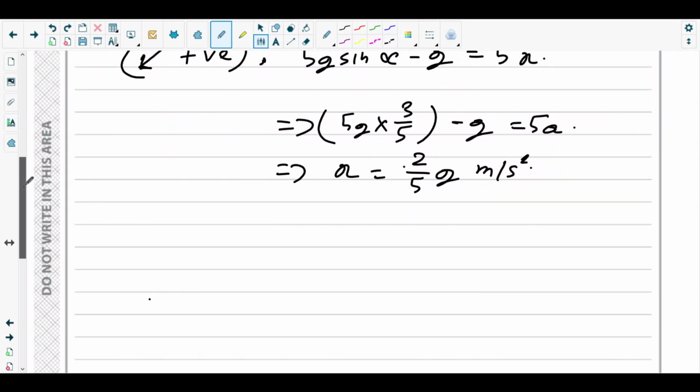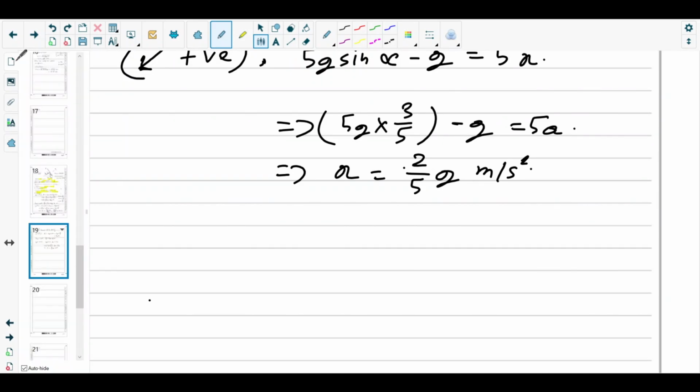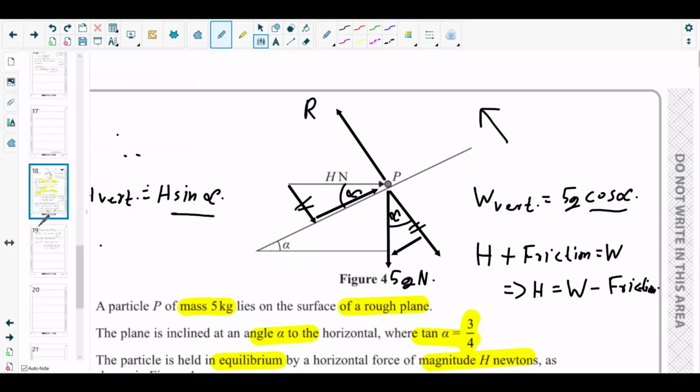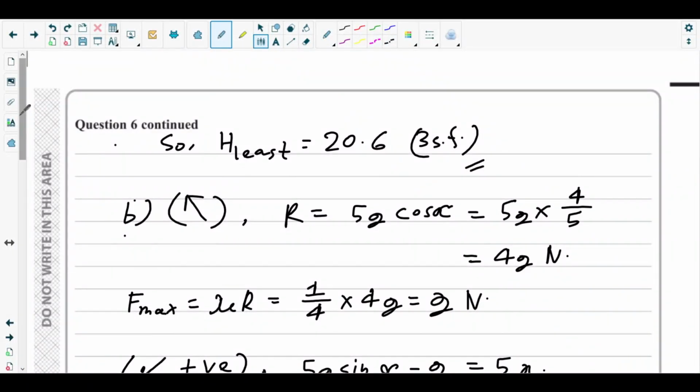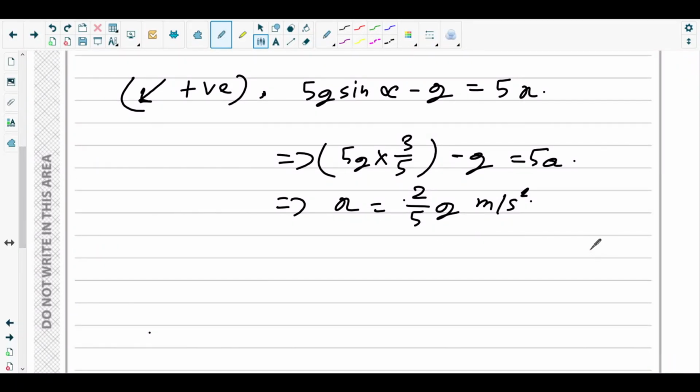Now we need to find the value for t. The distance traveled is 1.5 meters along the inclined plane, so we know the distance. We know the acceleration and we know the initial speed, which was 0 meters per second.